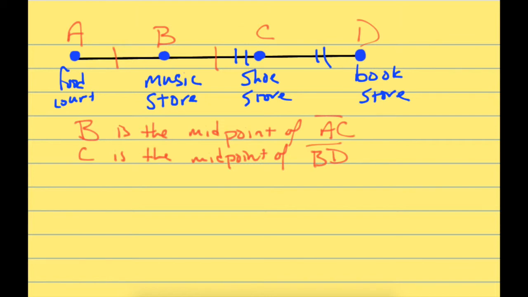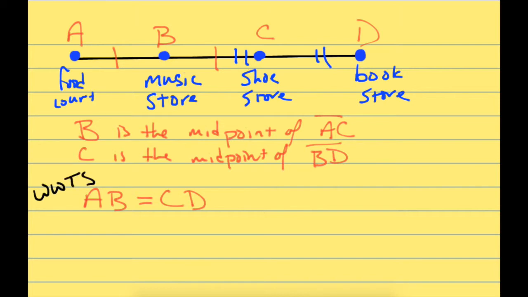And we want to show that the distance from the food court to the music store, which is AB, is equal in length to the distance between the shoe store and the bookstore. Okay? That's what we wish to show.